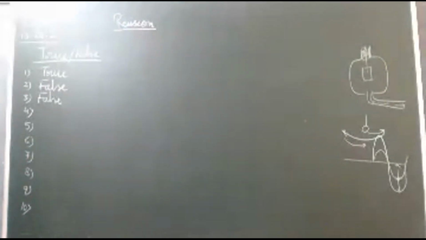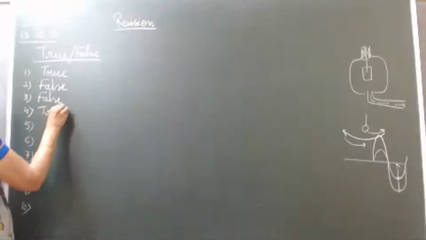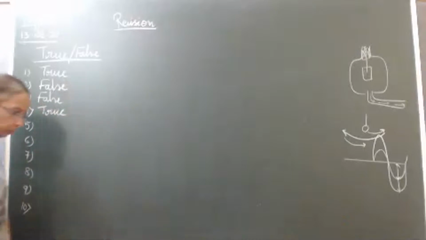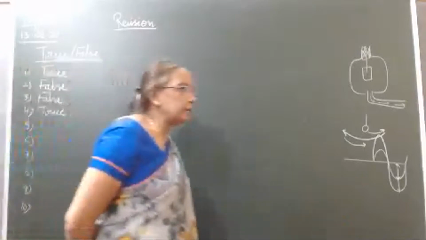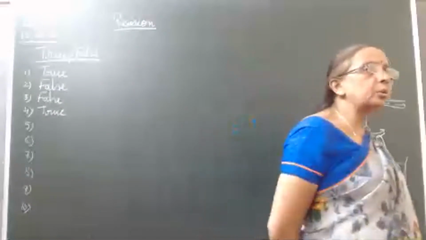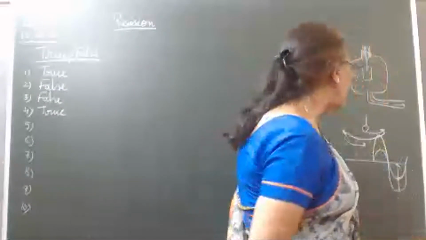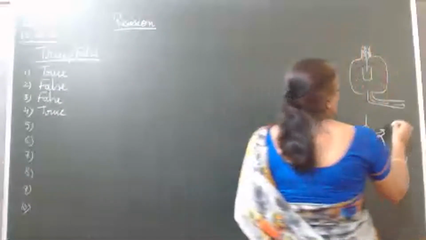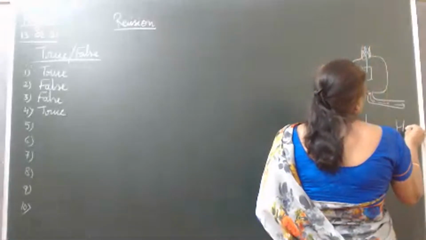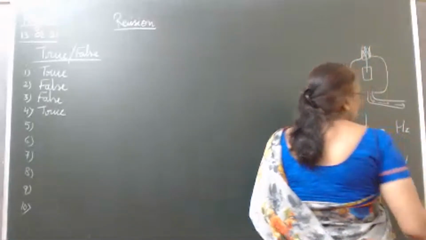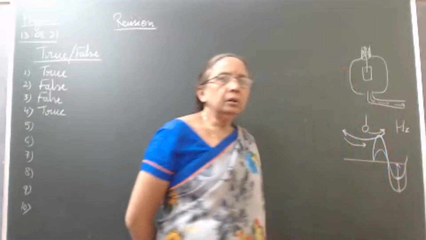Now, fourth one. For human ear, the audible range is 20 Hz to 20,000 Hz. That is given in the book. And for this you have to write capital H and small z, like this.